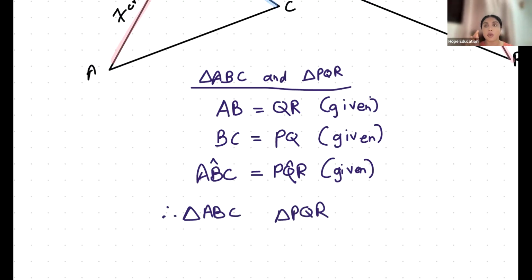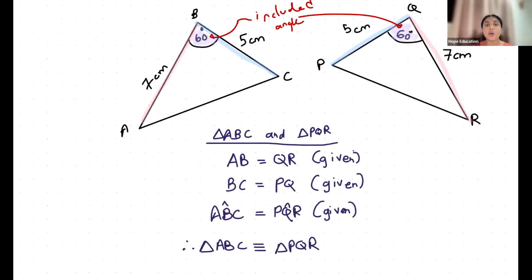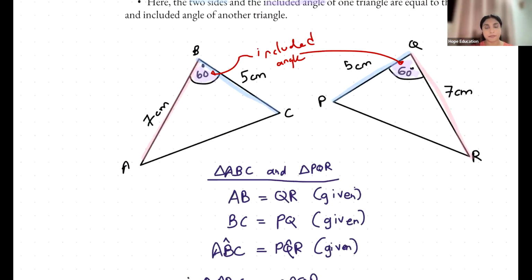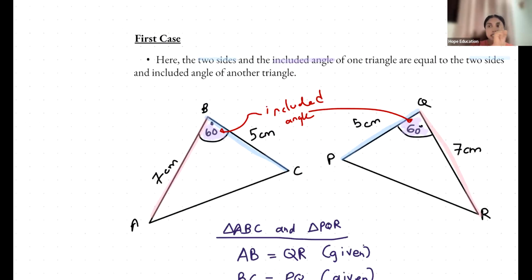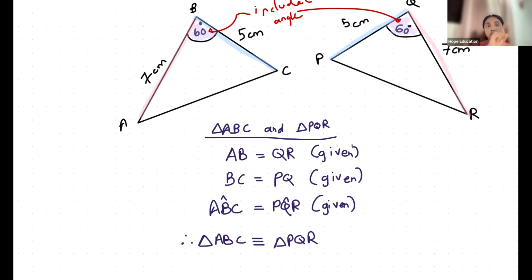This is how I show congruent. I show it using 3 lines. If I draw 2 lines, it's like an equal sign. But I have to draw 3 lines. And here, I call this a special name. So one side pair should be equal, another side pair should be equal, and one angle pair should be equal.